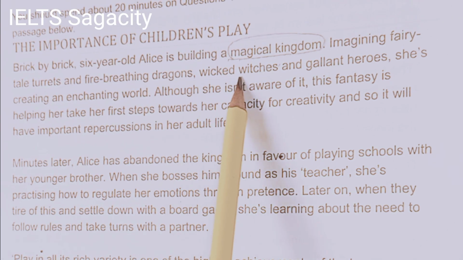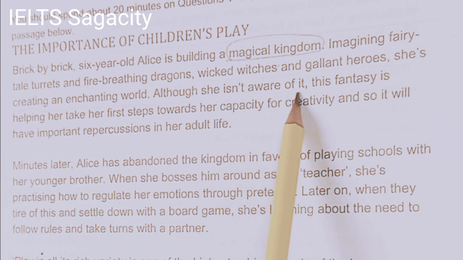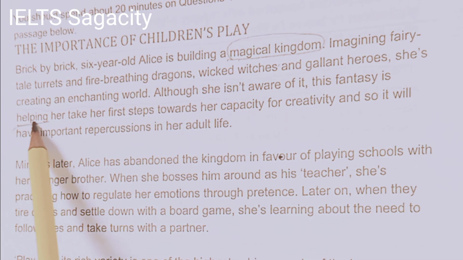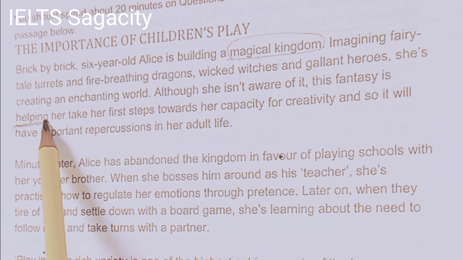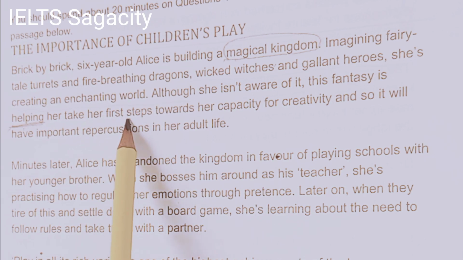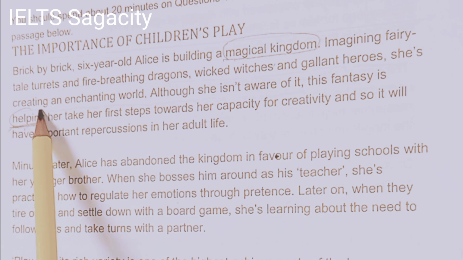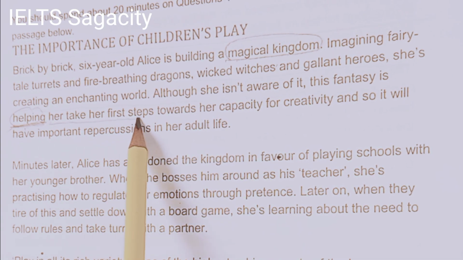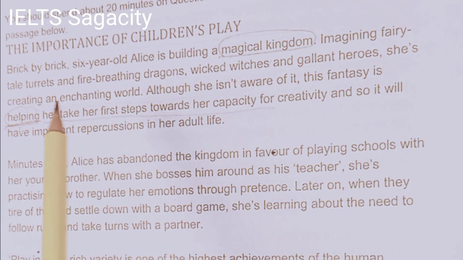So if we skim through the text, rather we scan the text, we can see that the expression help is already there. So this fantasy is helping her take her first steps towards her capacity for creativity. So help, develop. Develop means to improve, to further something, to take something to the next level.